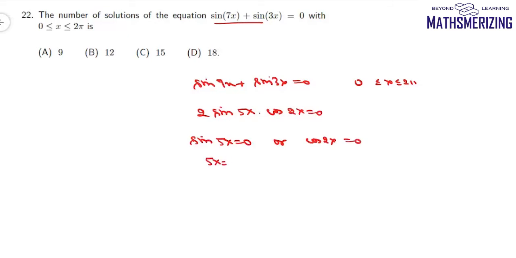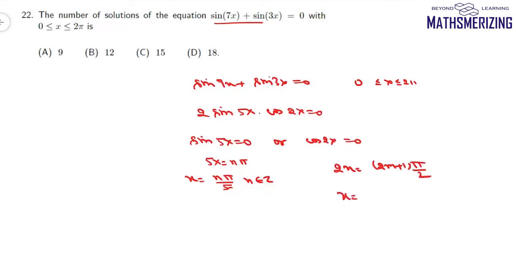So sin x is 0 when x is n pi. So here it is x equals n pi by 5, where n belongs to an integer, and here cos 2x equals to 0. So I'll get 2x equals (2m plus 1) into pi by 2.